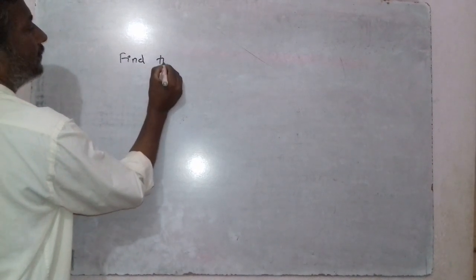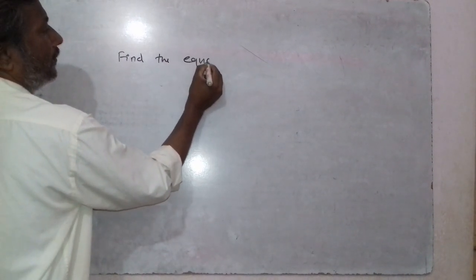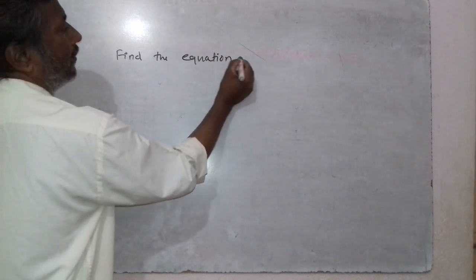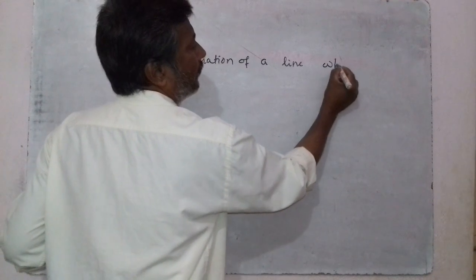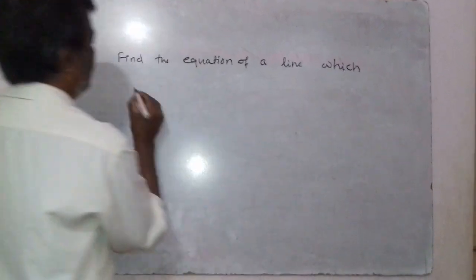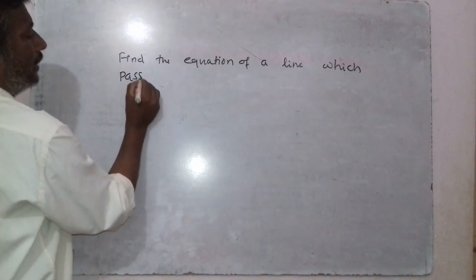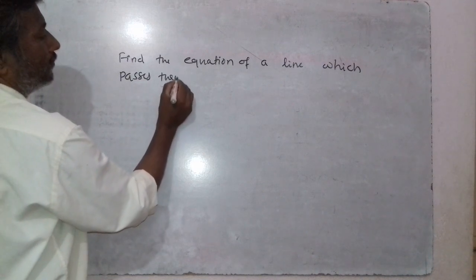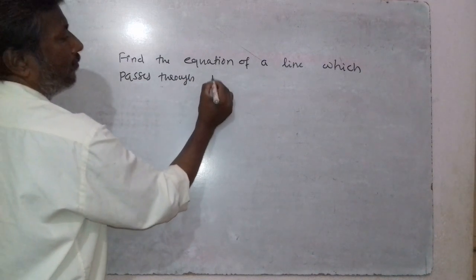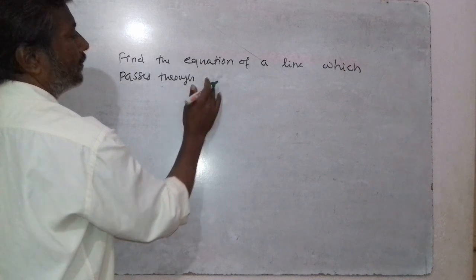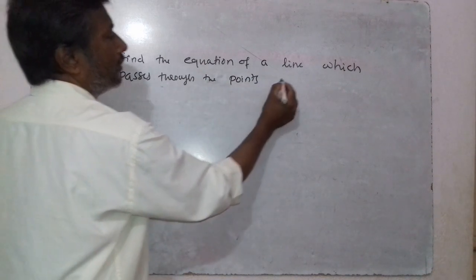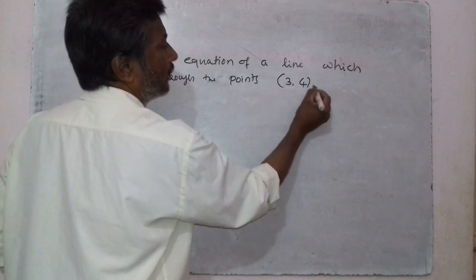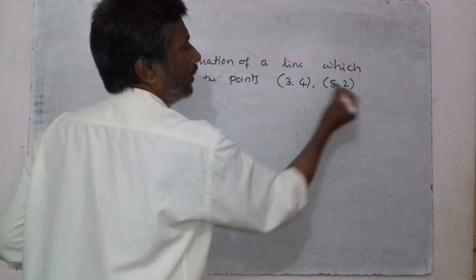Find the equation of a line which passes through the points (3, 4) and (5, 2).